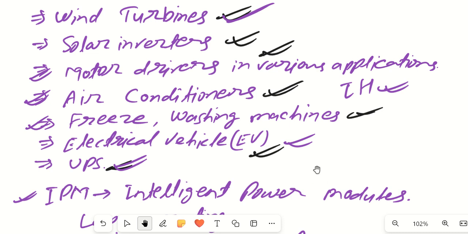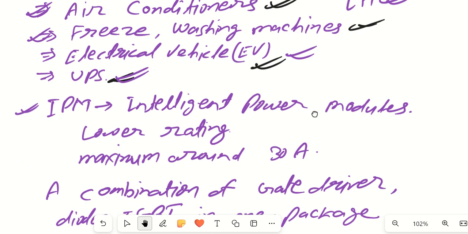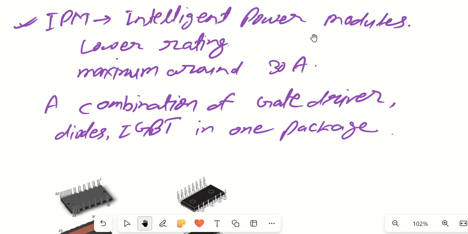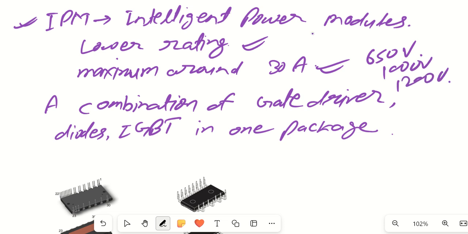In some of my previous videos you would have seen what intelligent power modules are and how they work. They have slightly lower ratings, with current ratings around 30 or 40 amperes maximum, and have inbuilt 650 volt, 1000 volt or maybe 1200 volt IGBTs. This combines a lot of features: inbuilt gate drivers, bootstrap diodes, bootstrap capacitors and IGBTs in one package.